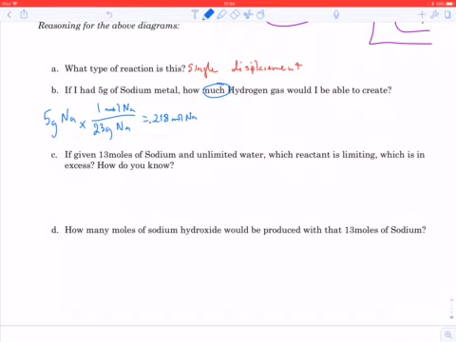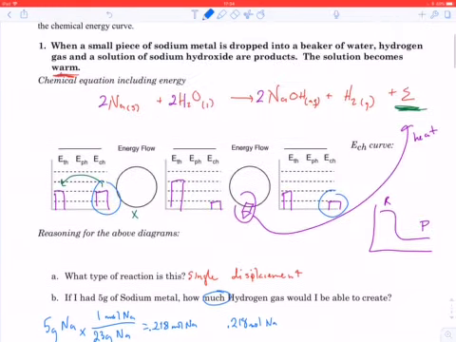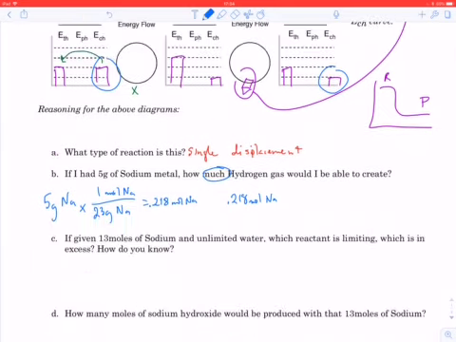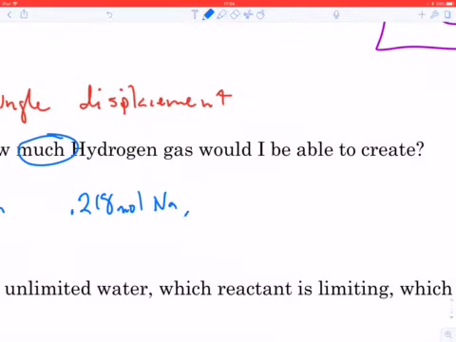How much hydrogen gas am I able to create? So now I have moles. So now I have 0.218 moles sodium. I'm trying to figure out hydrogen gas. Go back up to my equation, which tells me everything. Every 2 molecules of sodium give me 1 molecule of hydrogen gas. So I do my mole ratio. 0.218 moles of sodium.